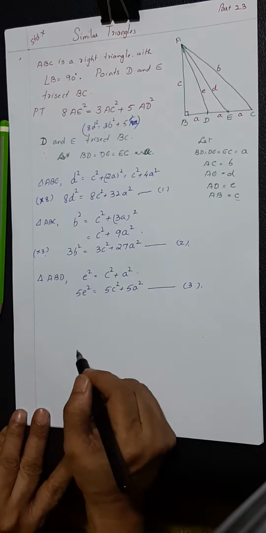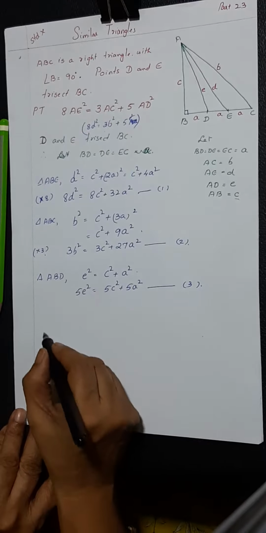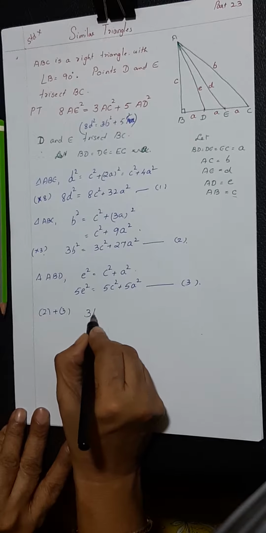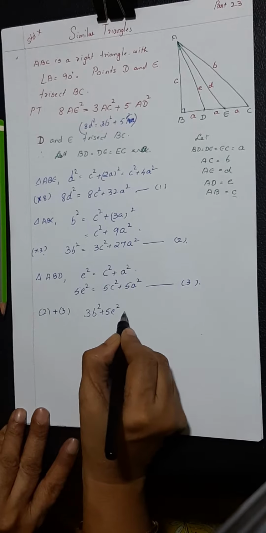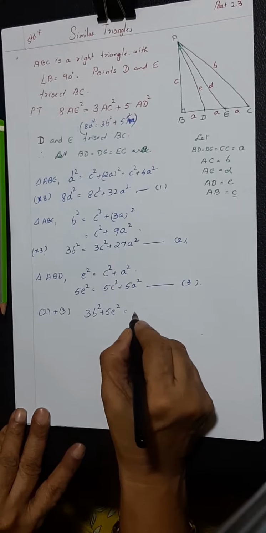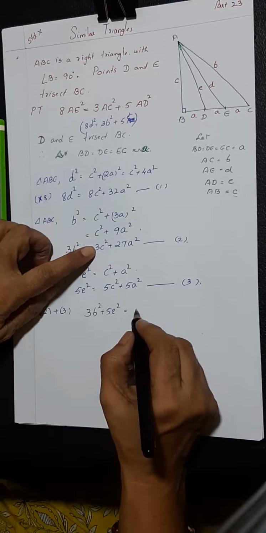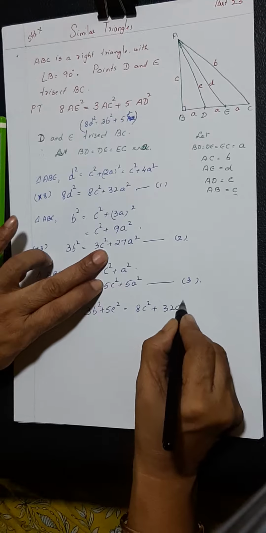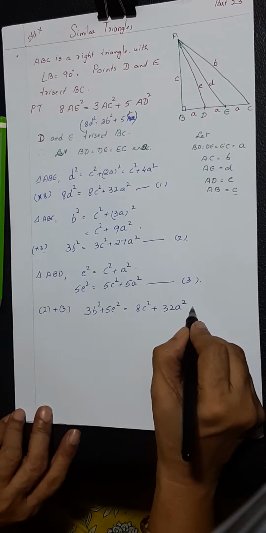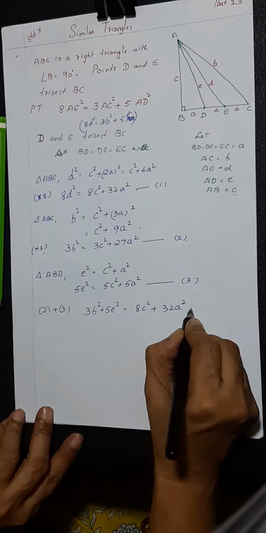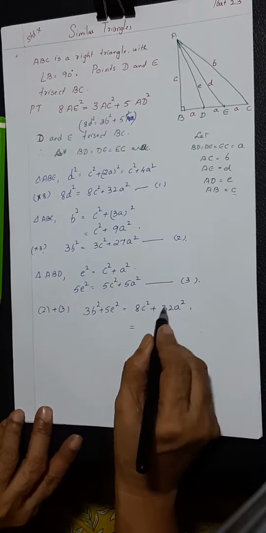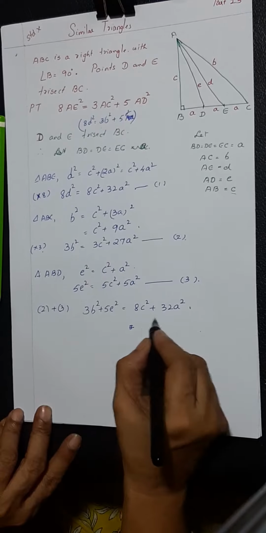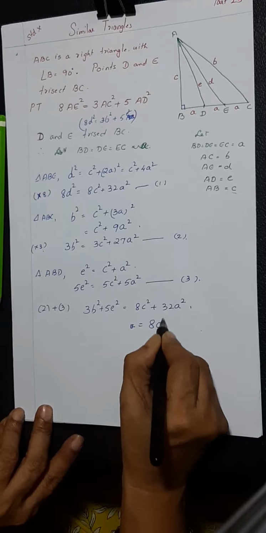So now we add these 2 and 3, 2 plus 3. We get 3AC squared plus 5AD squared is equal to 5 plus 3, 8BC squared plus 32A squared. So this is equal to 8AE squared.